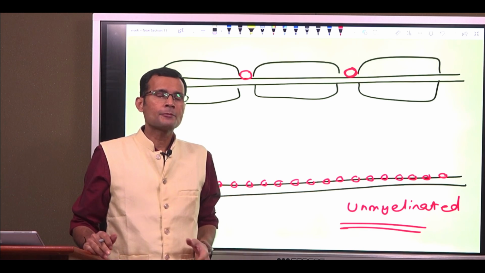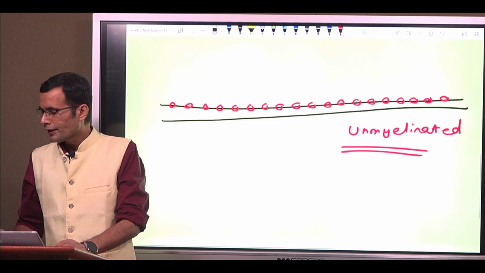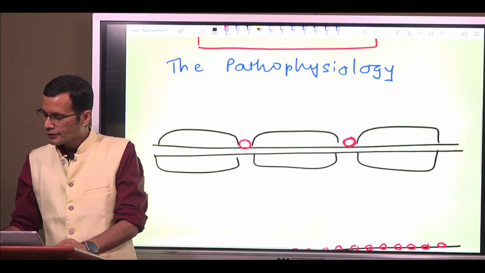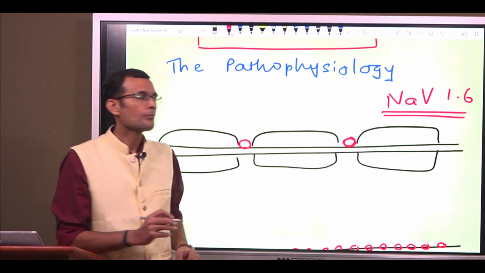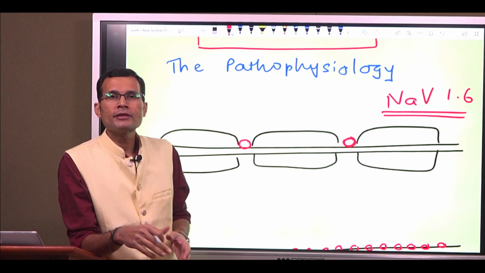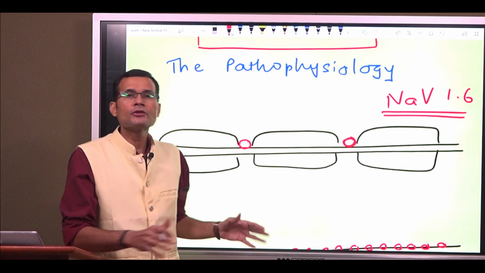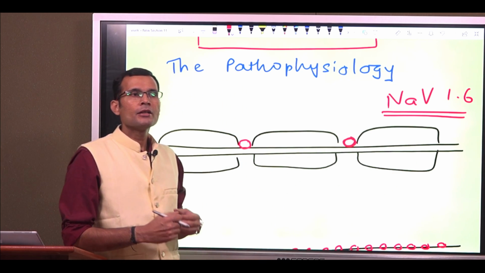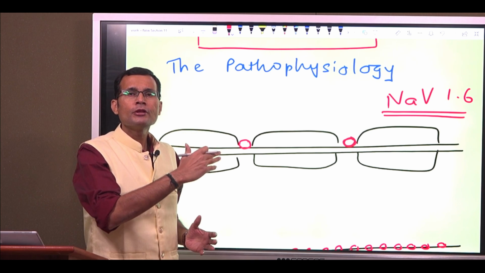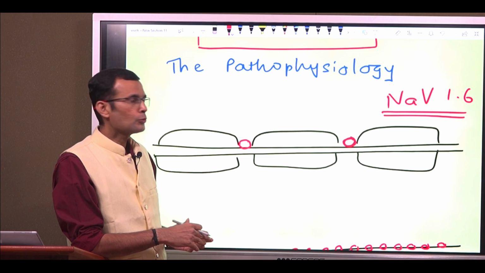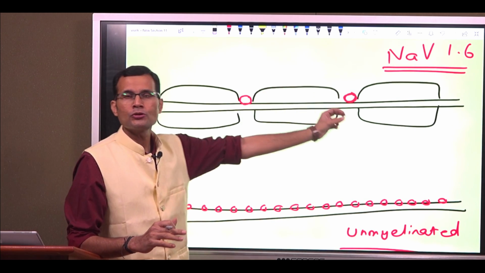The sodium channels, particularly in this case, are of a specific type called NaV 1.6. These are voltage gated sodium channels responsible for repetitive firing of action potentials through the nerves. So these are concentrated at the nodes of Ranvier.